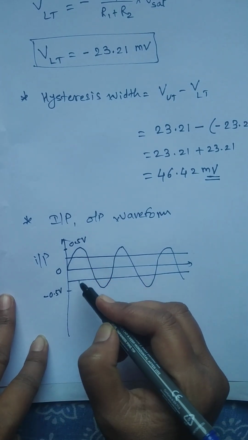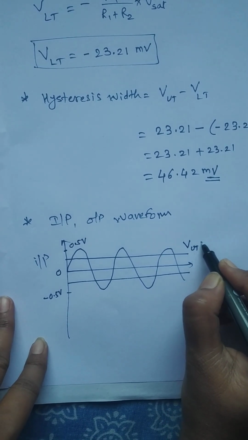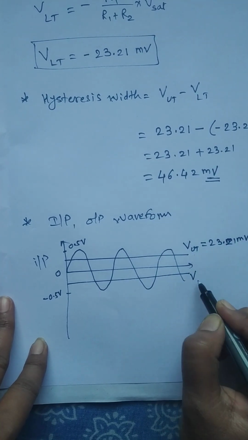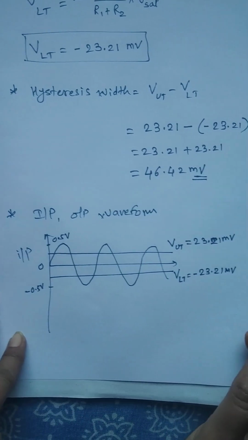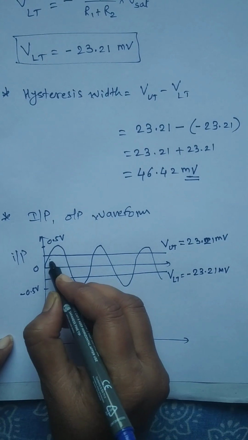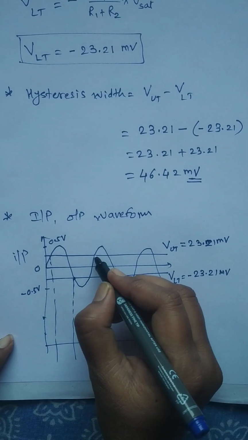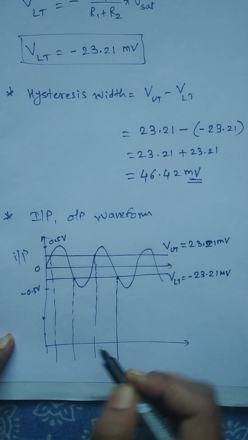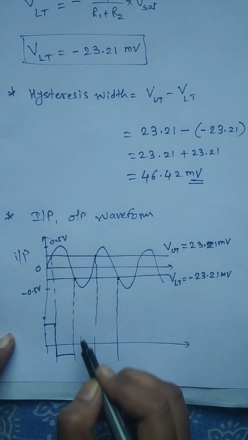That's why we are getting 1 volt peak to peak. Now the upper threshold voltage we obtained is 23.21 millivolt and the lower threshold voltage is minus 23.21 millivolt. These things need to be mentioned, and then you have to draw the output voltage. So remember the trigger points. One trigger point is at the upper threshold, another is at the lower threshold. Initially it remains in positive saturation and then it goes to negative saturation.